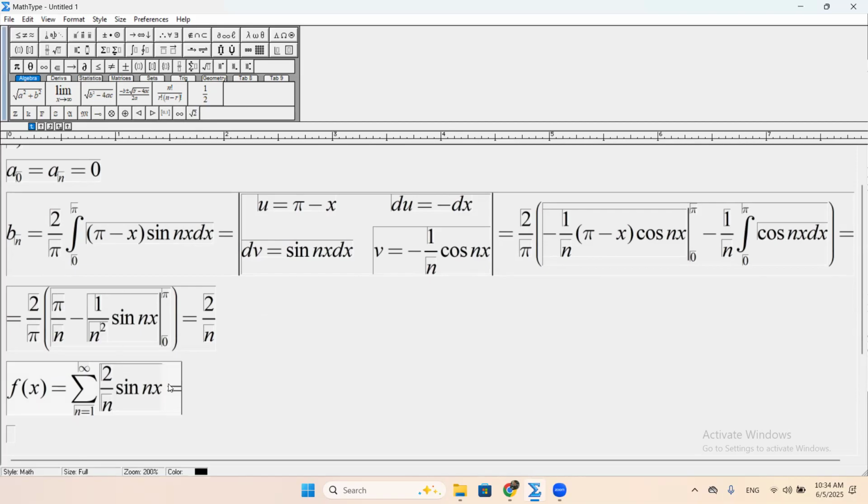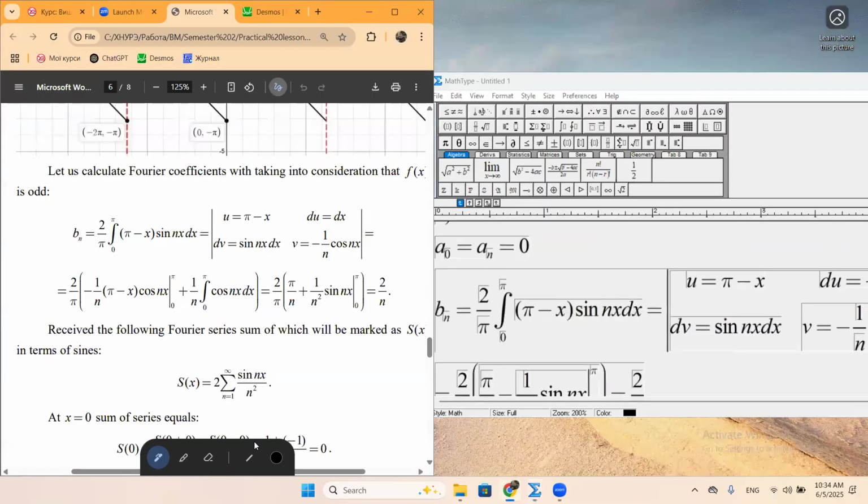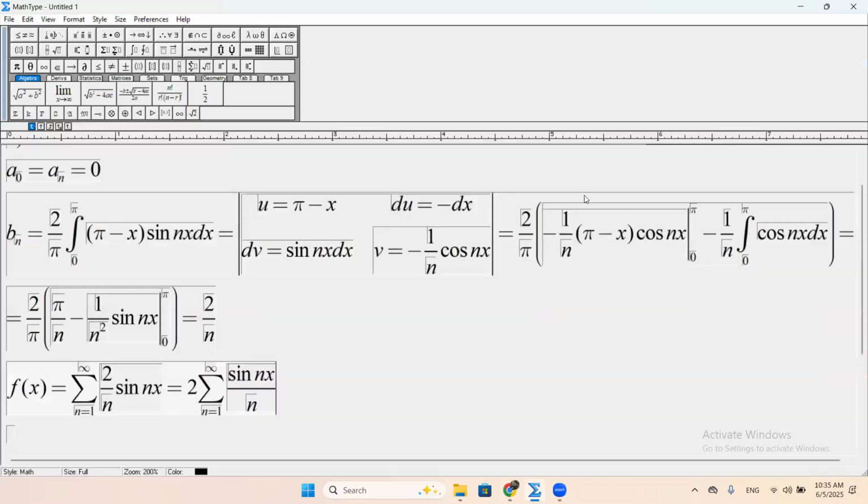And also I will move 2 out of the sum. So we received the following Fourier series. That's a mistake. N to the power of 1 must be, so sine of nx over n.